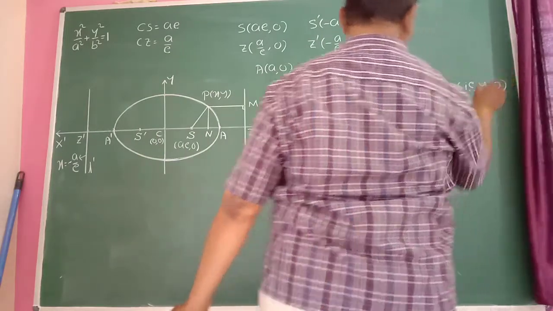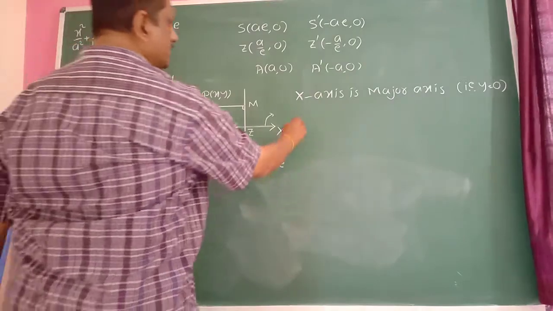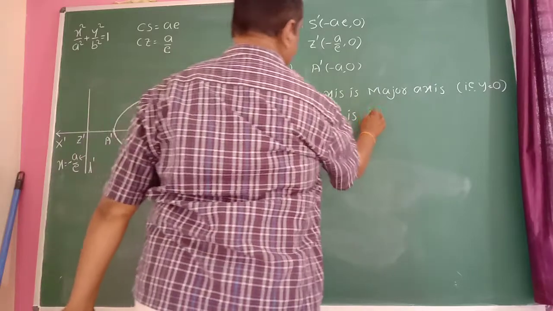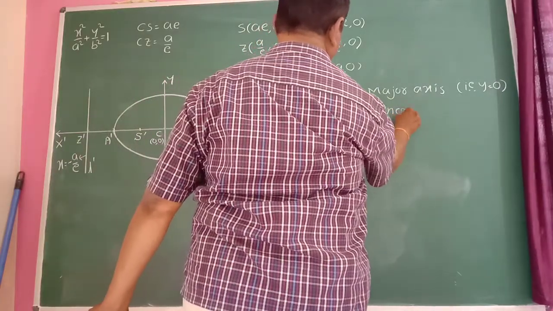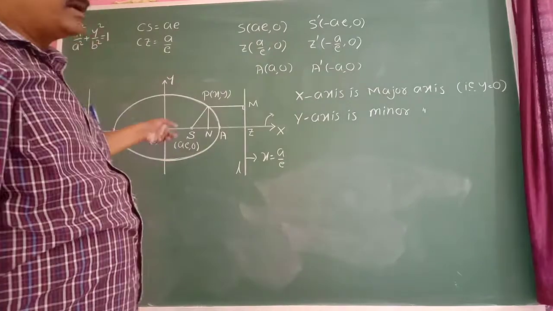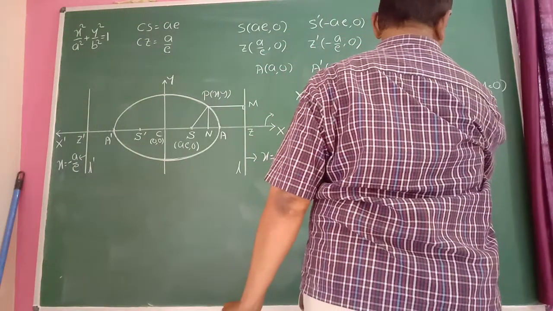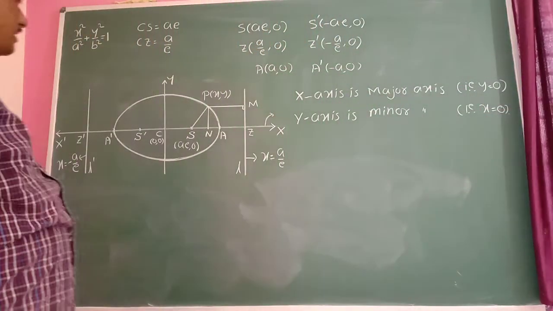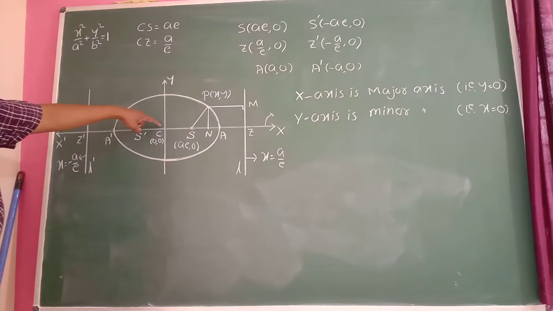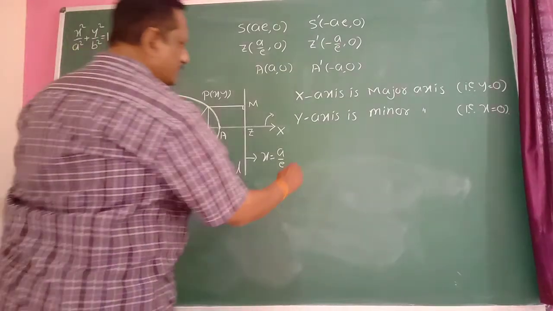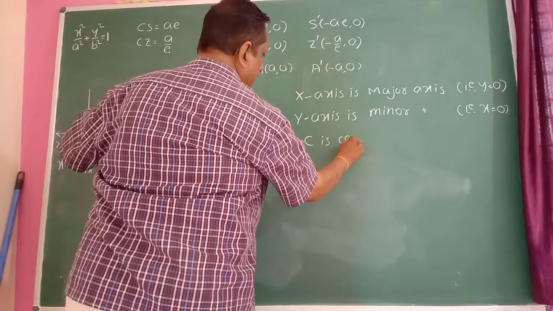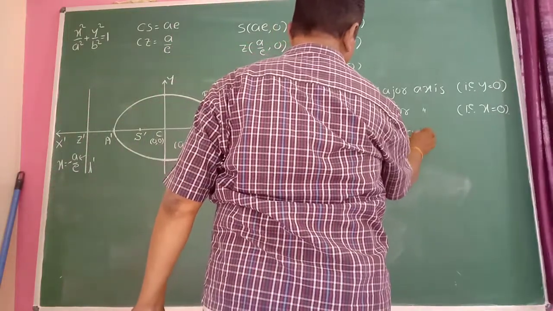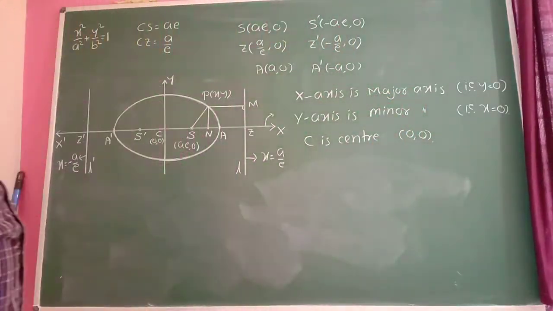Y-axis is called the minor axis, and you know the equation of y-axis is always x is equal to 0. And C is the center here. The center is the origin. So C is the center of the ellipse, and its coordinate is 0, 0.